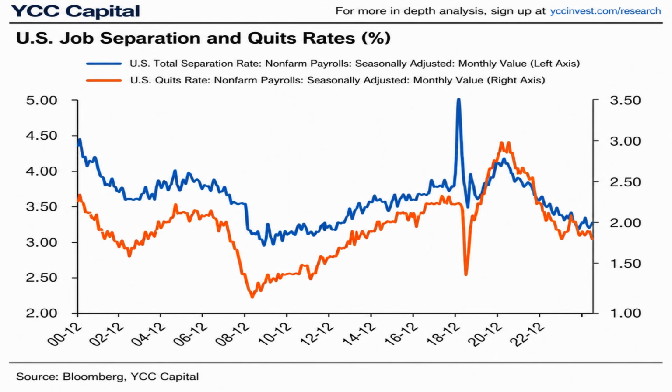Beyond hiring and layoffs, employee behavior also provides valuable insight into labor market confidence. This chart tracks total job separations alongside voluntary quits. The quits rate is particularly important because workers generally resign only when they believe attractive alternatives are available.